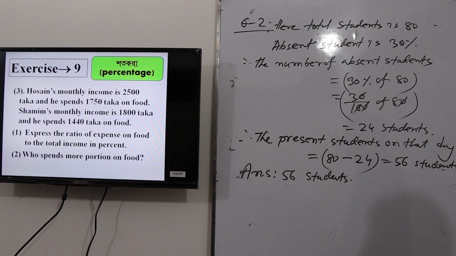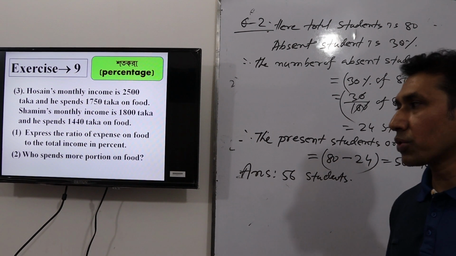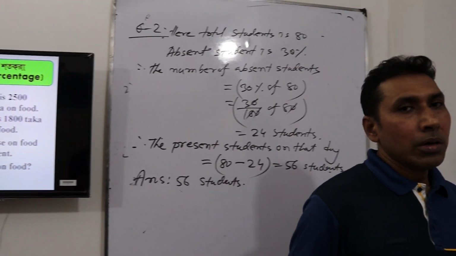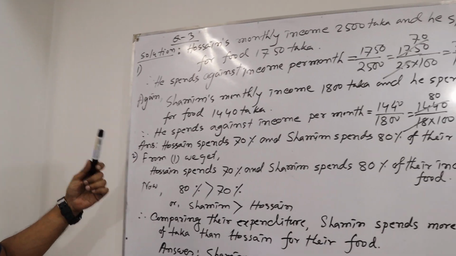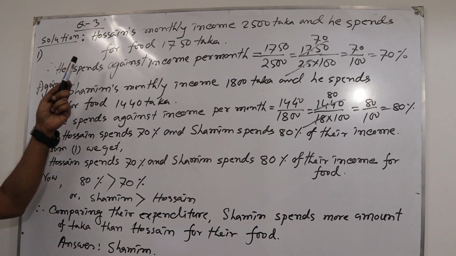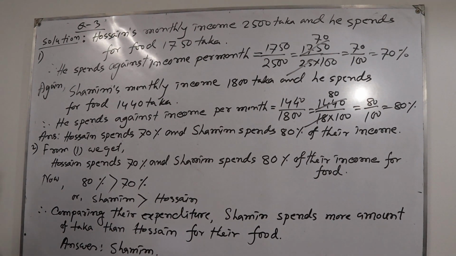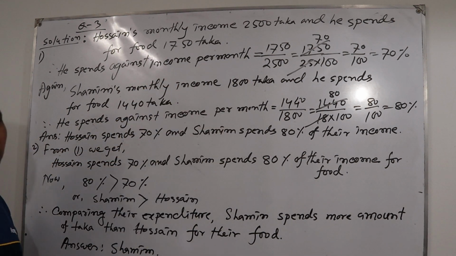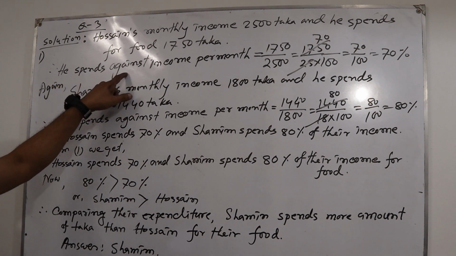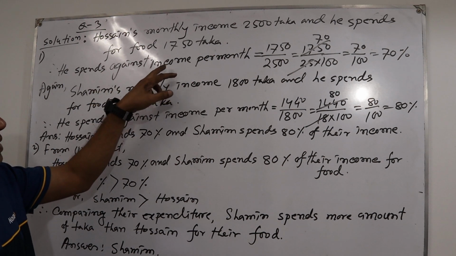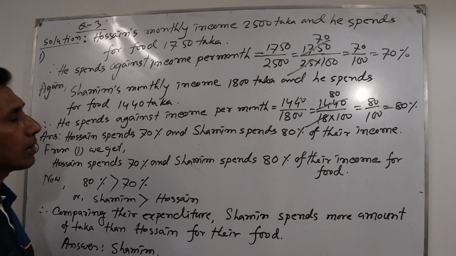The question is to express the ratio of expense on food to the total income in percent, and who has spent a greater portion on food. There are two members, Hossain and Shamim. First, Hossain's monthly income is 2500 taka and he has spent 1750 taka on food per month. Now we find what he has spent against his income per month.